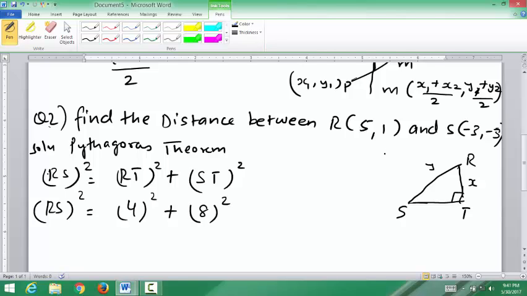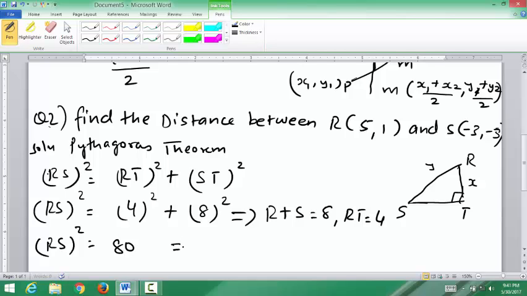RT will become 4 and ST will become 8. RS square is equal to 80, so RS is the square root of 80, approximately 8.94.